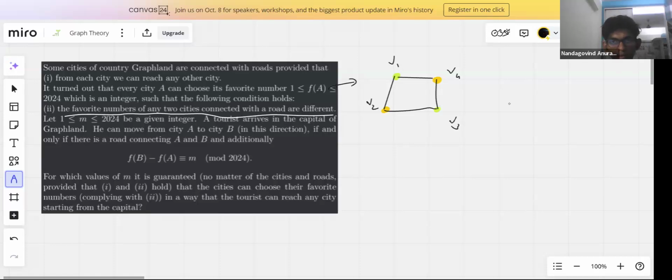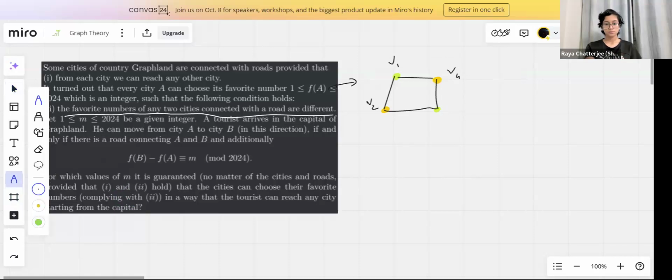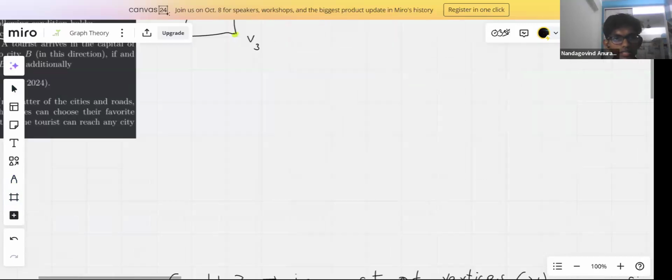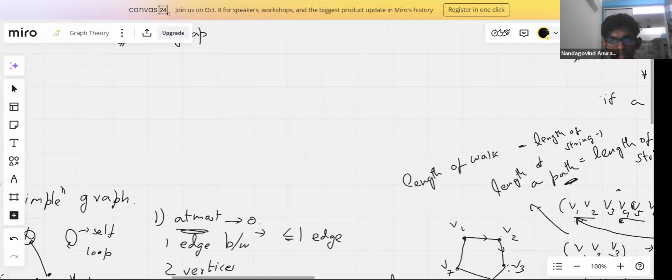You'll be given a problem where you're told there exists a vertex coloring for such a graph, and you're asked to show some specific property about a vertex coloring. That's how it's used in problems.